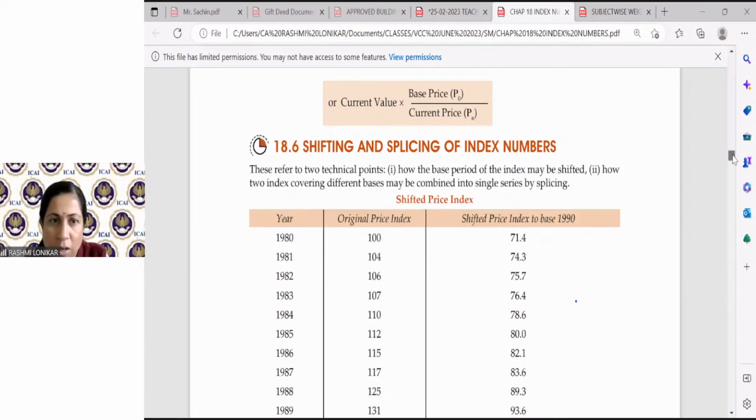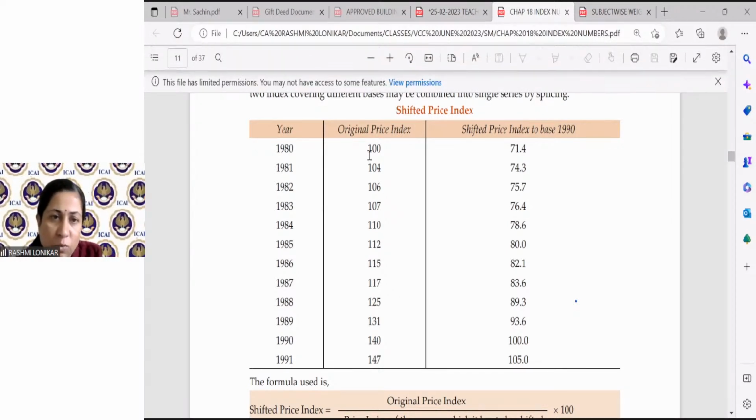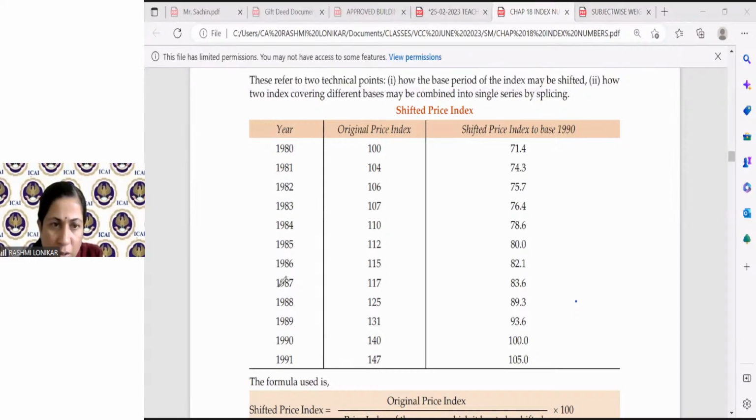Here we have different years from 1990 to 1991, and the original price index was 100, 104, 106. Now we have shifted the base to 1990.